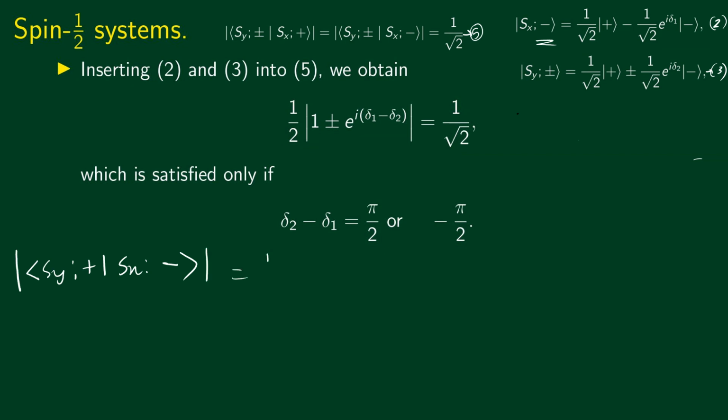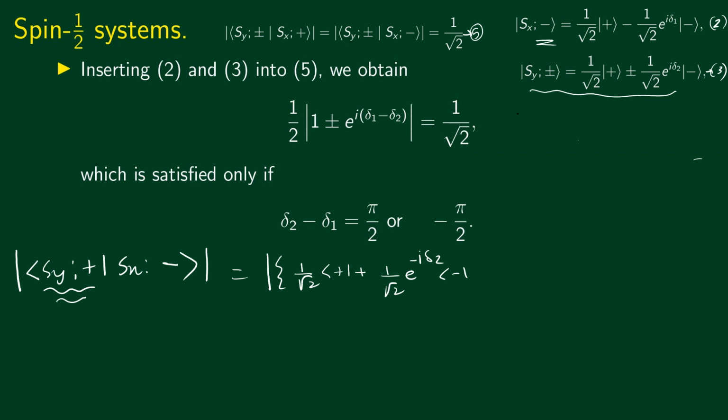So this is equal to modulus of, what do I have here? This is bra Sy plus, and Sy plus is given here. So let me write bra Sy plus here. That becomes 1 by root 2 bra plus plus 1 by root 2 e raised to minus i delta 2 bra minus.